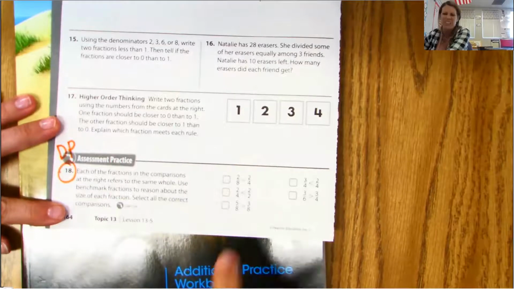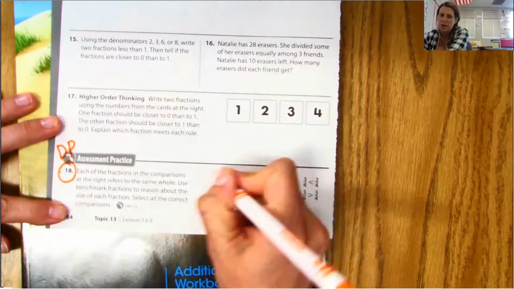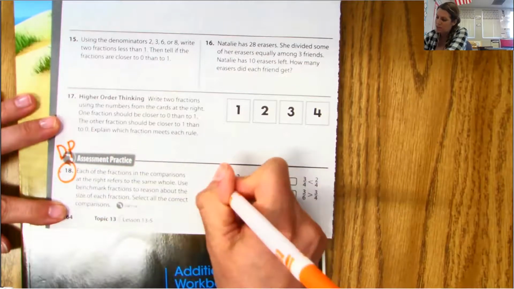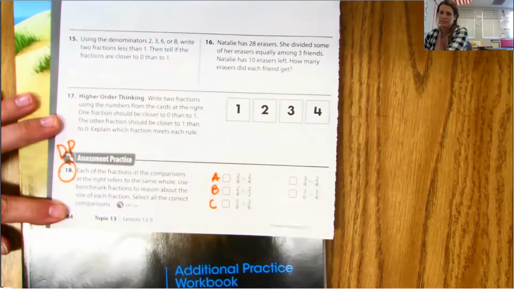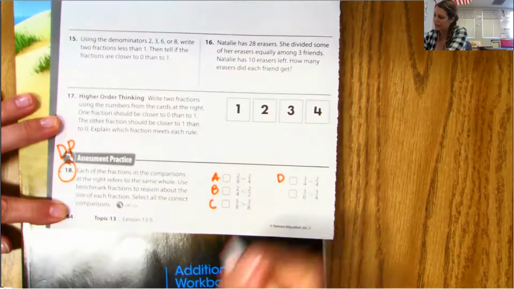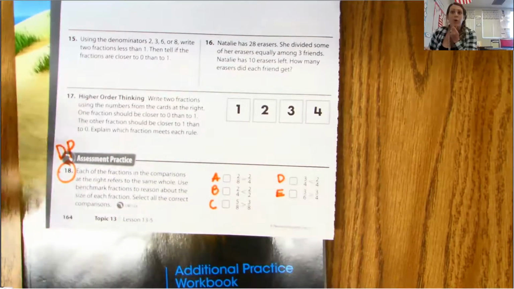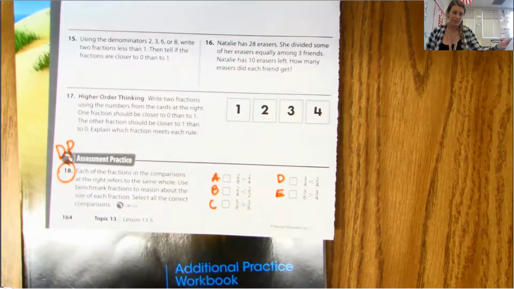But instead of having to type in all these fractions with the comparisons, let's go ahead right now and make this one A, B, C, D, and E. So when you type in your discussion post for number 18, all you have to do is just say the letter.